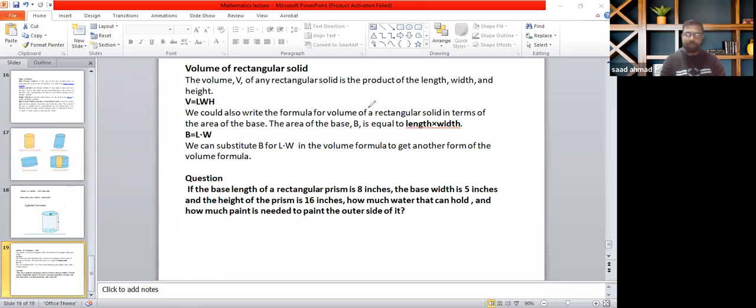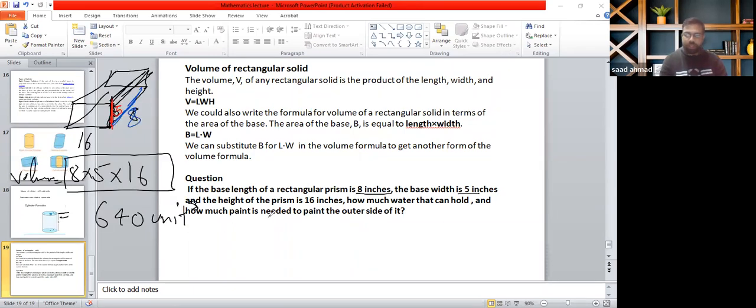And let's say how much it costs to paint it if we needed to paint it from the outer side. What we will do is find the area of the bases. So it's a rectangular prism.